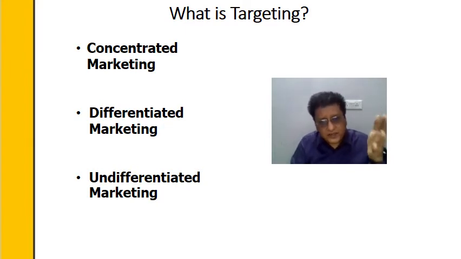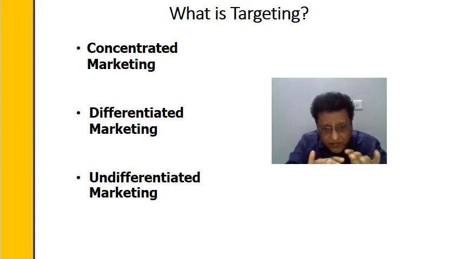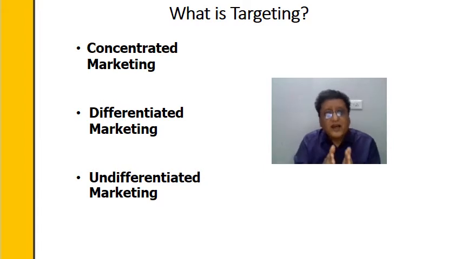So you can call it concentrated marketing, in which one segment is concentrated; differentiated marketing, where more than one segment is the target, and you make a differentiated marketing mix for each segment; and undifferentiated marketing, where you have the basic product that you think will serve the needs of customers with different firmographics, different usage characteristics or different buying criteria. So this is targeting. I have explained to you the three options.